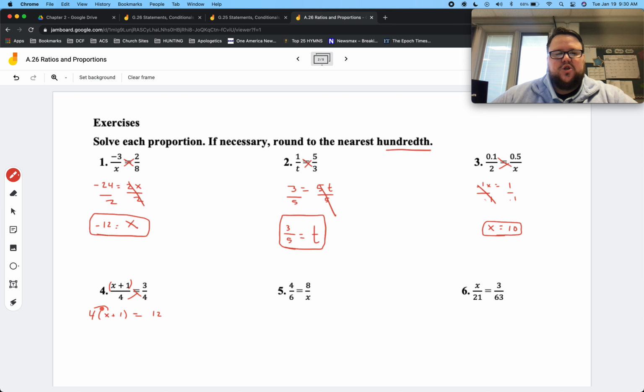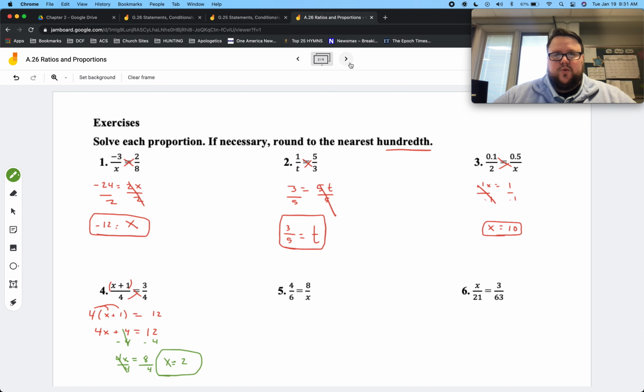So then I have to distribute the 4. 4 times x is 4x plus 4 times 1 is 4 equals 12. And then from there, I'm going to subtract 4 over. So I get 4x equals 8. Divided by 4, x equals 2. And that's your answer.